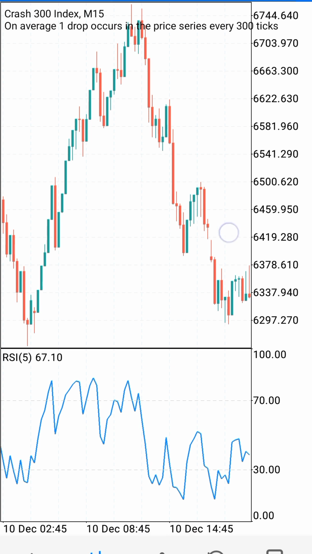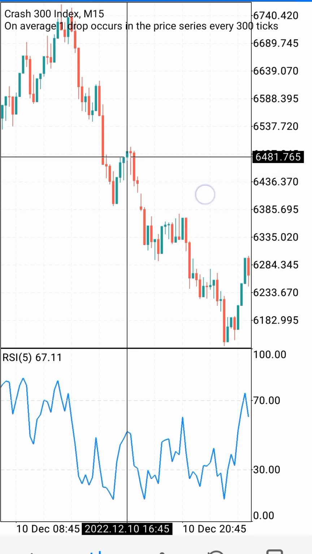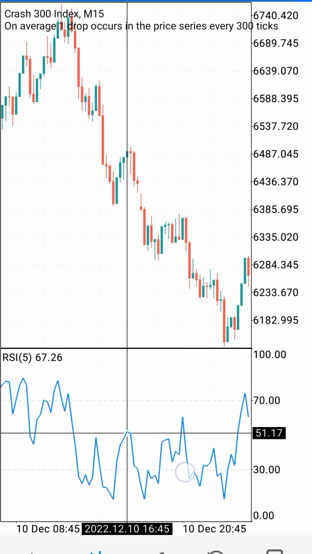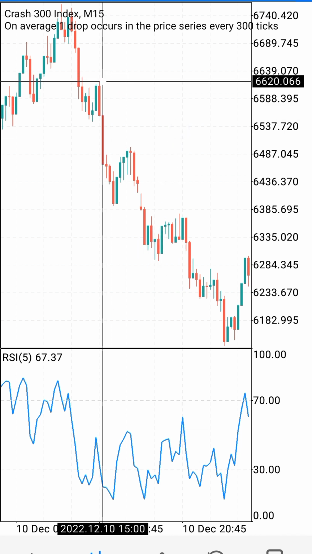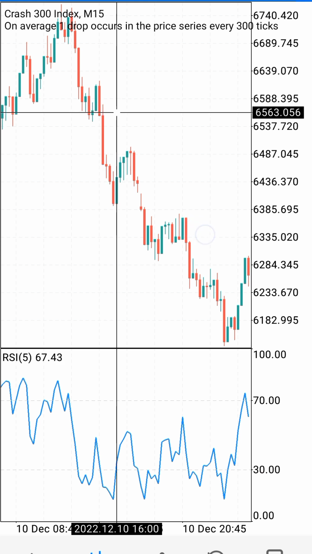So now you get the idea that every green structure or strength will take you into 50% of your RSI, and you short it from there. You can use this high as your stop, or you can use this very candle as your stop.